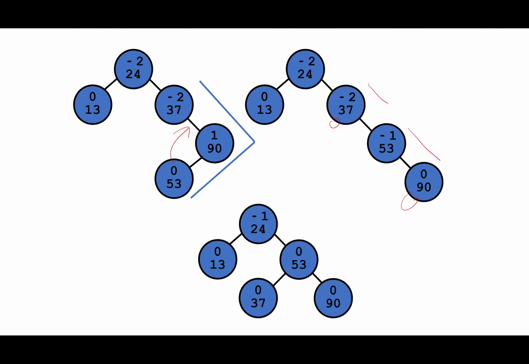Then it becomes RR type. For the RR type unbalanced tree, we rotate around this node, making it the left child of this node, and this node becomes the child of this.